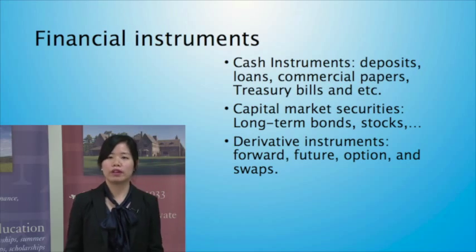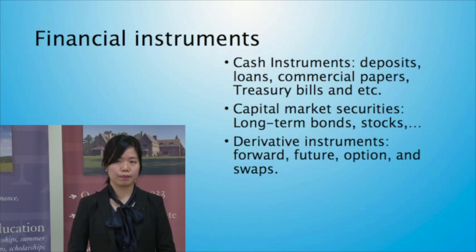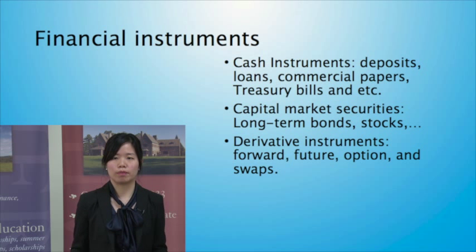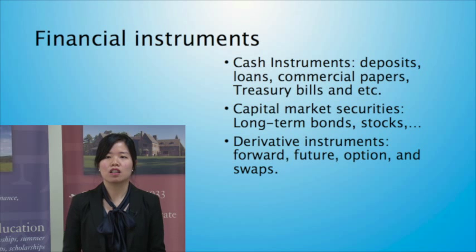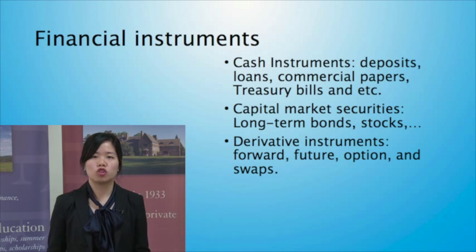And lastly, there are very interesting financial instruments I would like to briefly mention, which are called derivative instruments. Derivative instruments are not debt. They are not ownership. They are not your asset. They are contracts, agreements that you agreed to buy a certain asset from other people at an agreed price in the future.